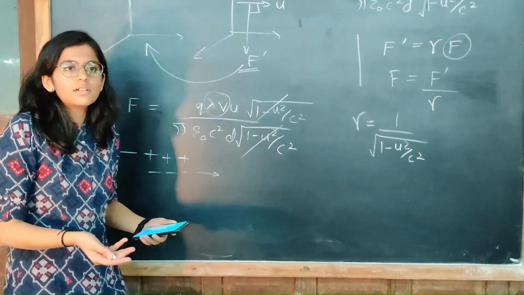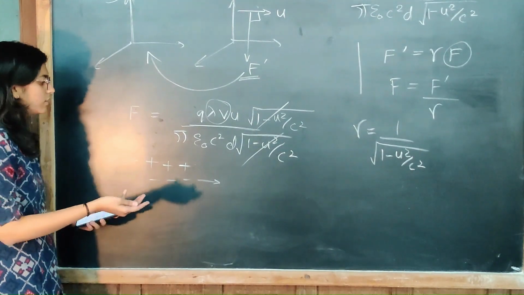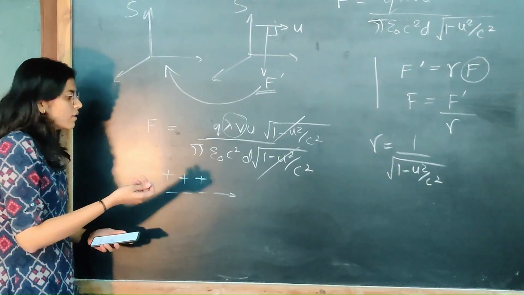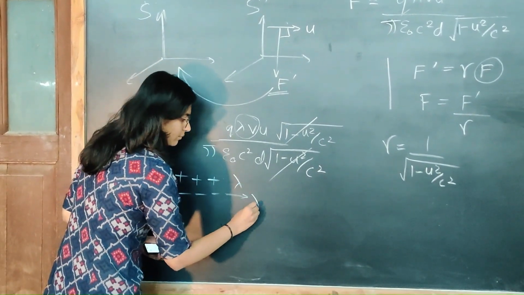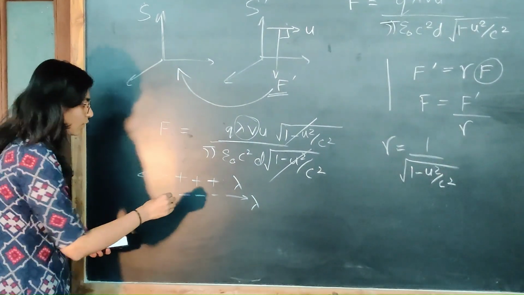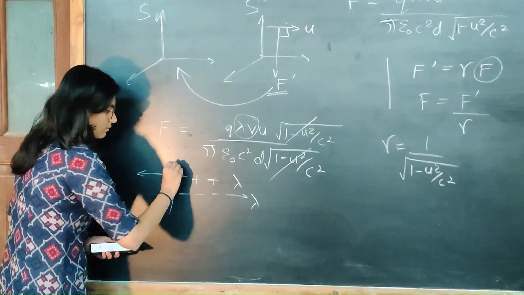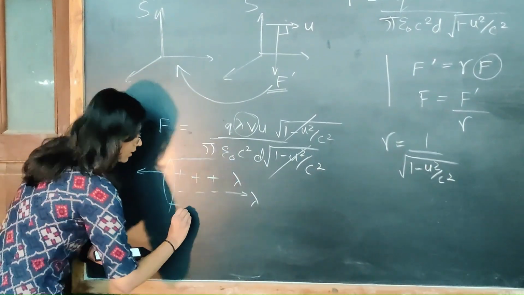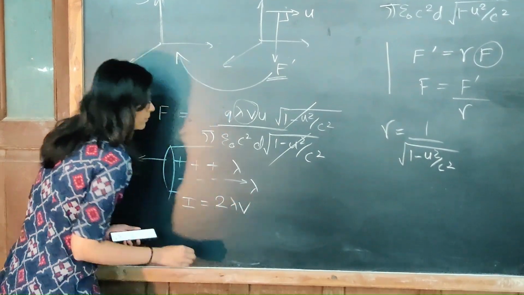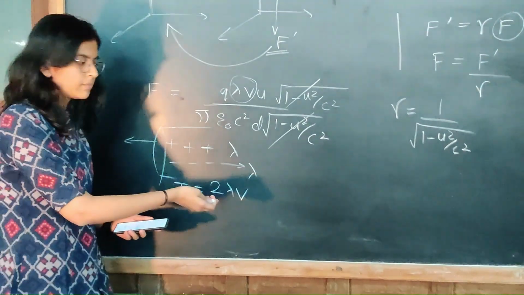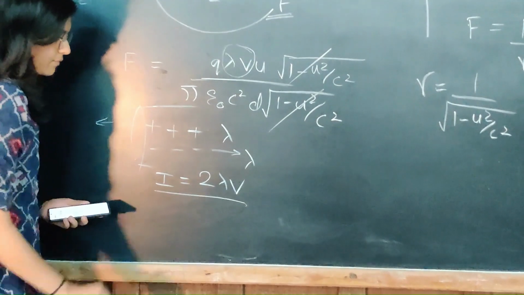We conventionally consider the current to be in the direction of the positive charges. Each of them has a line charge density of lambda, so the total current flowing through this cross section, say I, can be given as 2 times lambda times v, where v is the velocity. This is the total current that we have.